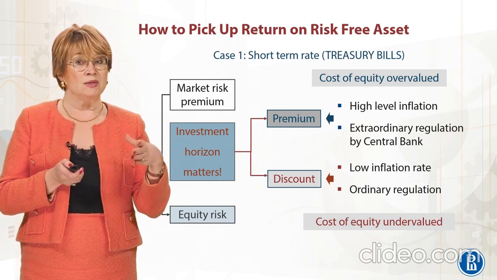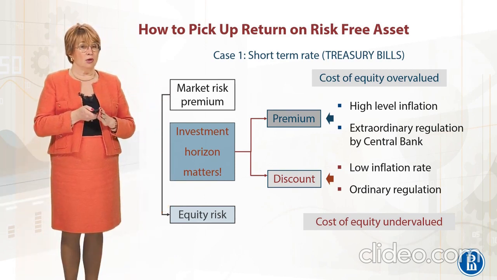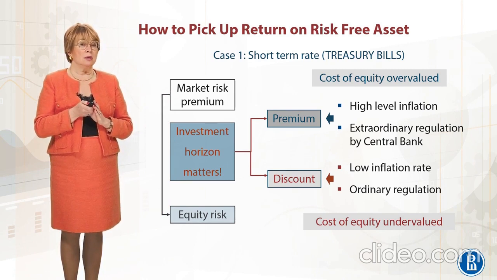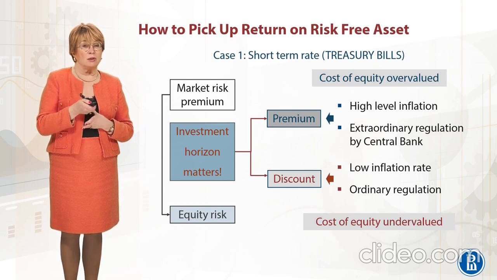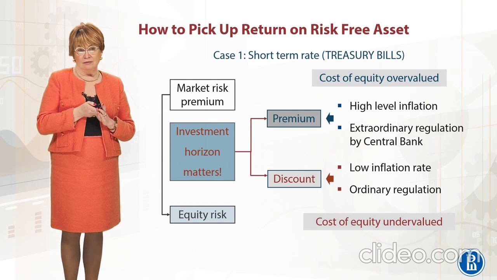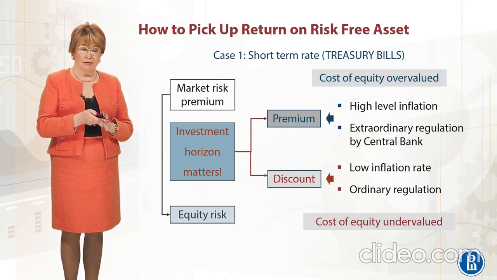It's just ordinary, or let's say simple, everyday regulation. Then in that period, we will also understand that the market risk premium will have some discount due to the investment horizon. And then the cost of equity we are looking for, the target company A, would be undervalued.